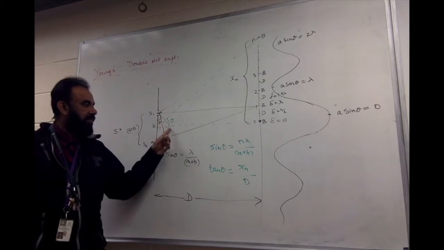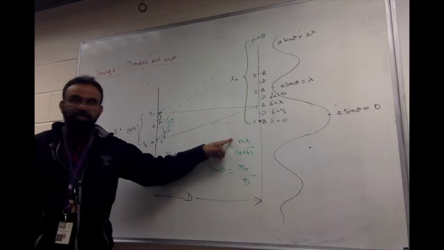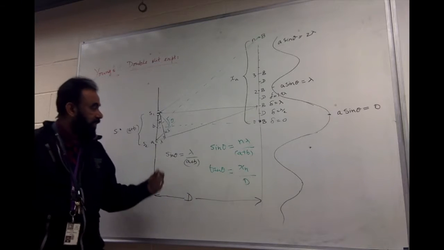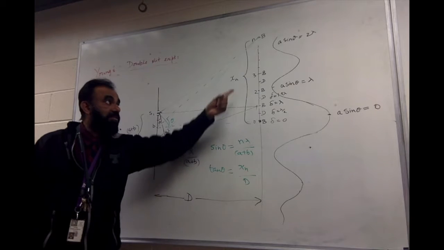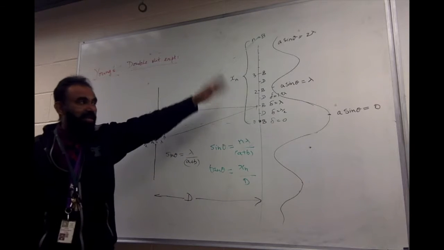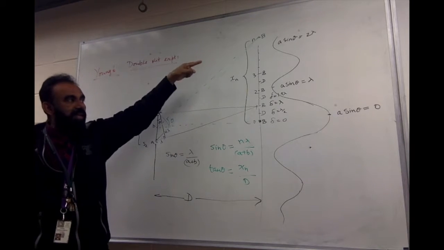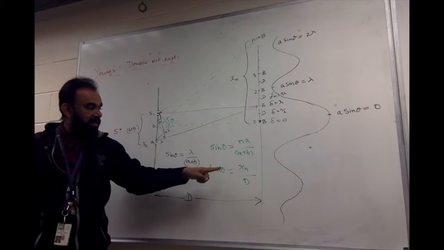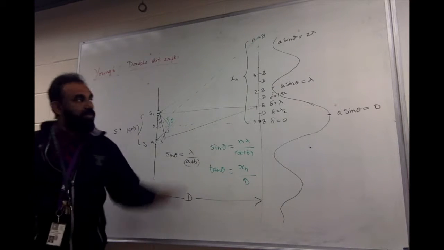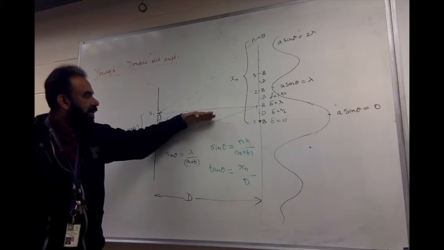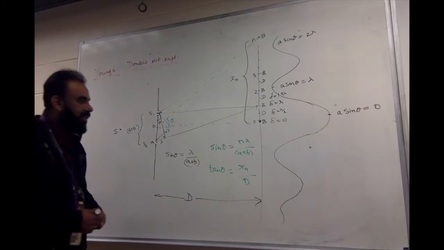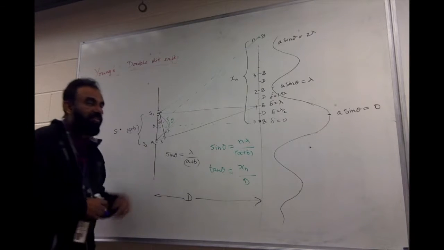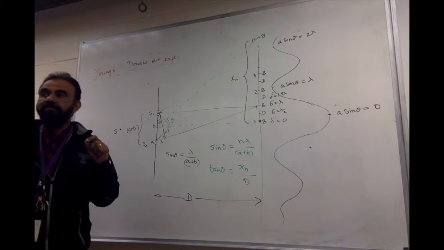Sine of the angle is the path difference, which is n lambda over a plus b. Tan of the angle is how much length is occupied on the screen by the nth brightness from the central brightness, divided by d. So opposite over adjacent, right? Now, as I said, these slits are so close together.